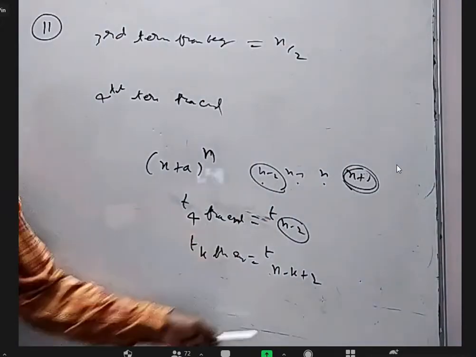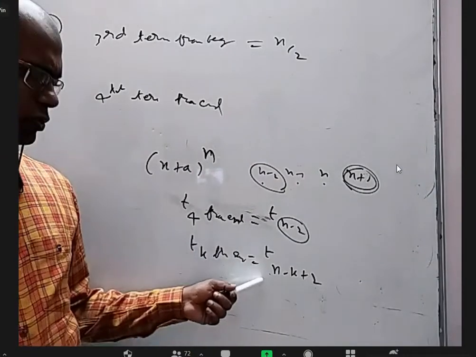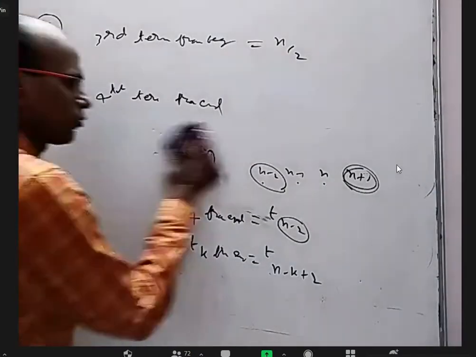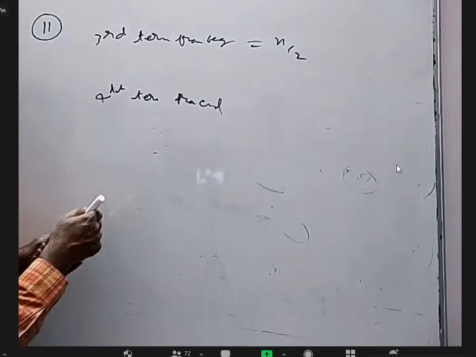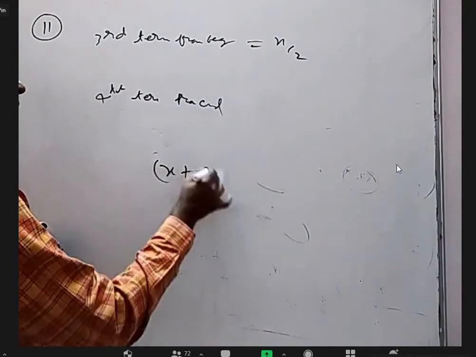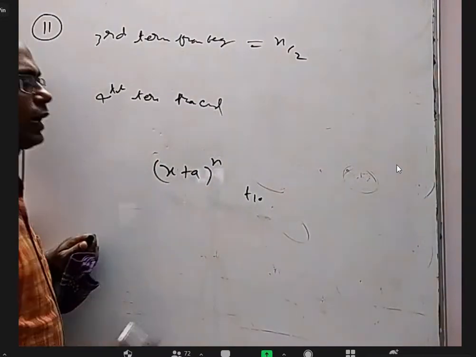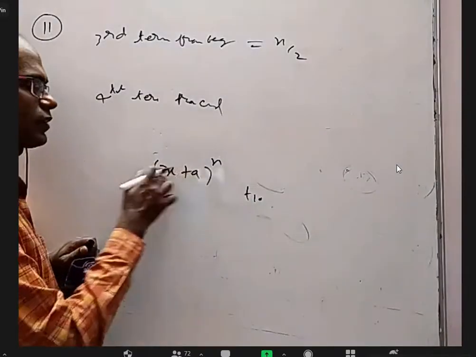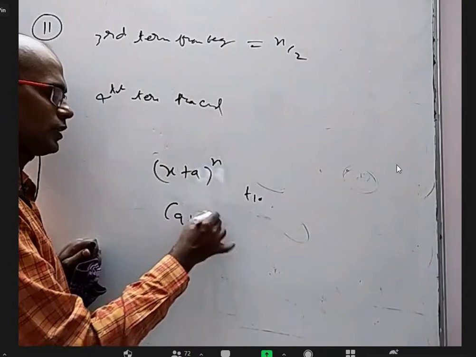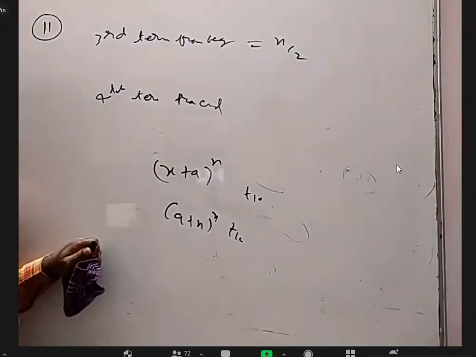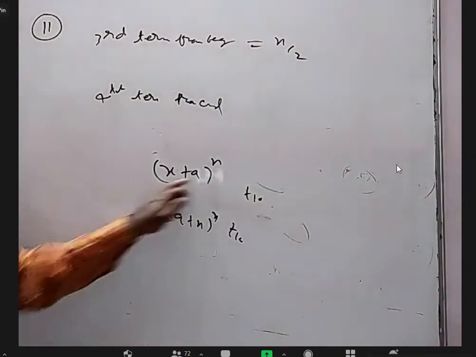Even though it is nice, I'll just give this in the note, but I don't do all these things. You know why? I'll give you (x plus a) whole power n, and I want the 10th term from the end. I don't want to see from the beginning which term. I'll reverse these two. It will be the 10th term from the beginning if I interchange a and x.